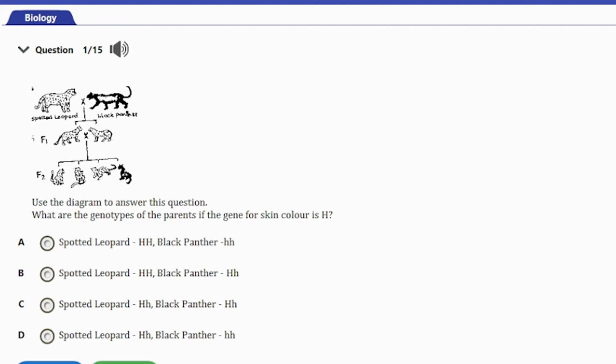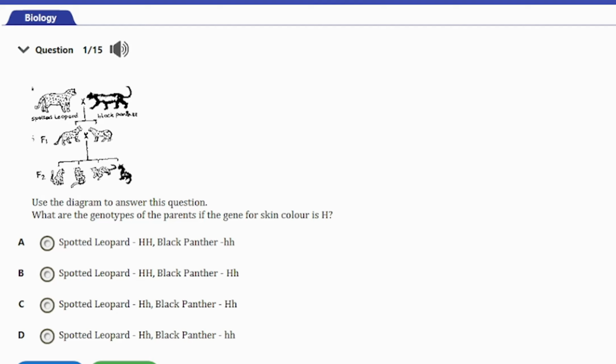We have options. A, spotted leopard is homozygous dominant H, and black panther is homozygous recessive H. B, spotted leopard is homozygous dominant H, and the black panther is heterozygous H. Option C, spotted leopard is heterozygous H, black panther is also heterozygous.